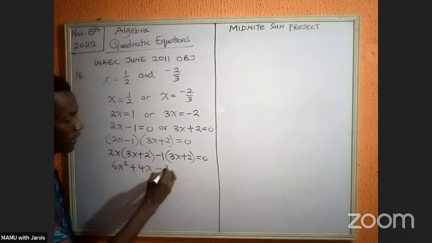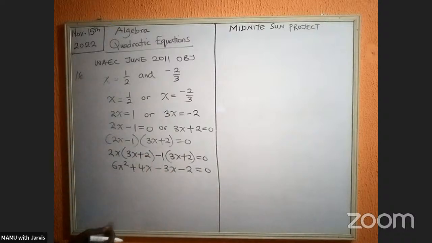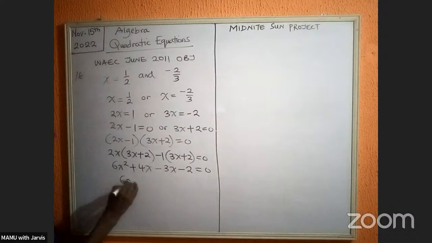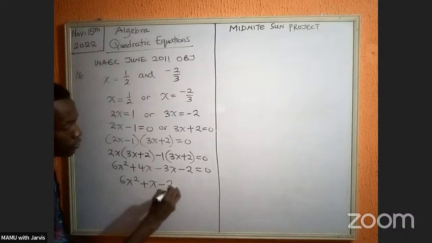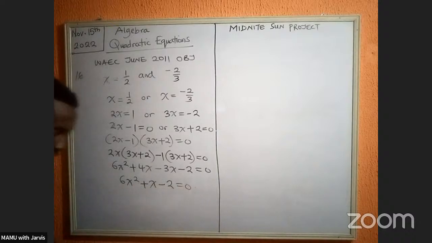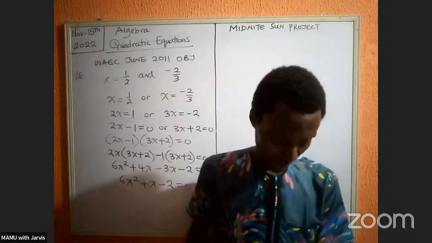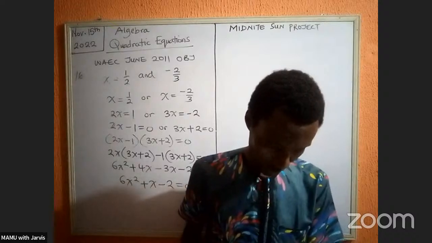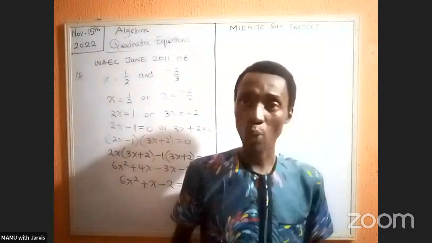So negative 3x minus 2 equal to 0. We collect like terms: 4x minus 3x gives x. So I'm going to have 6x squared plus x minus 2 equal to 0. And so we have been able to form the quadratic equation in that question, and we have done that successfully.